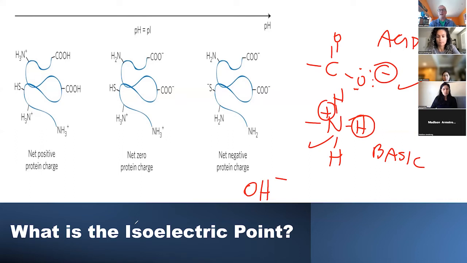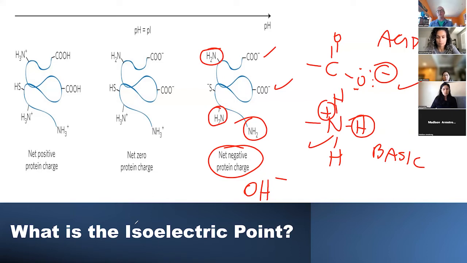So basically, the acidic ones are going to stay negative, and the basic ones are going to have no charge on them. So at very, very basic pH, the protein will have a net negative charge. Basically, all the acidic ones will be negatively charged, and all the basic ones will have no charge at all. So overall, the protein will have a net negative charge.